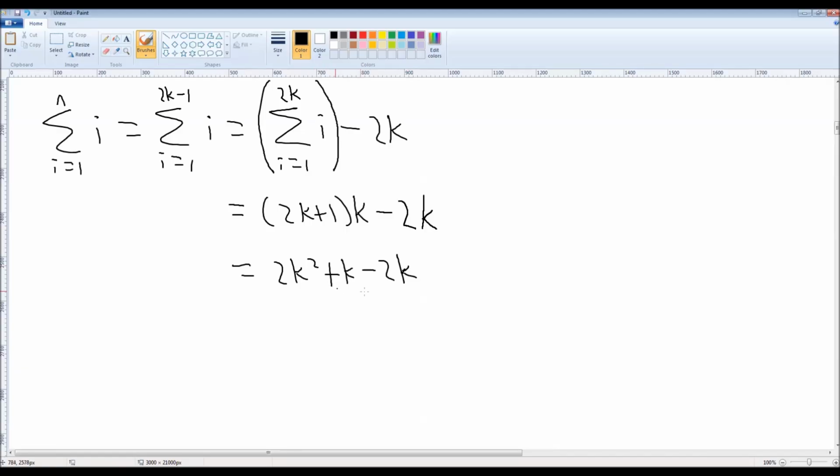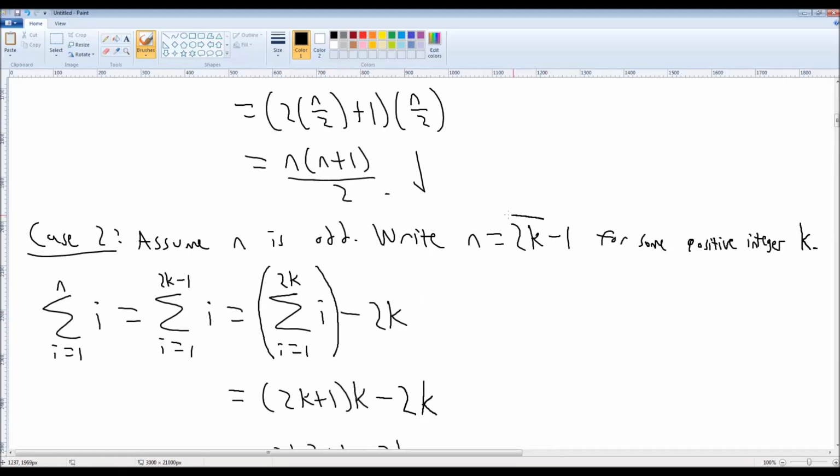But what is k in our case? Well, if we do some algebra here to solve for k, let me do it in red because I'm treating it as scratch work. We get k equals n plus 1 over 2.